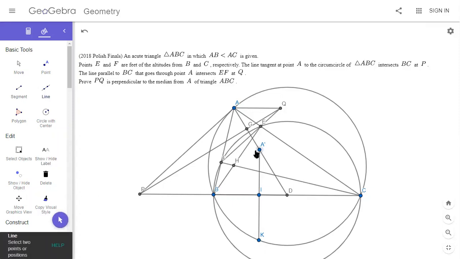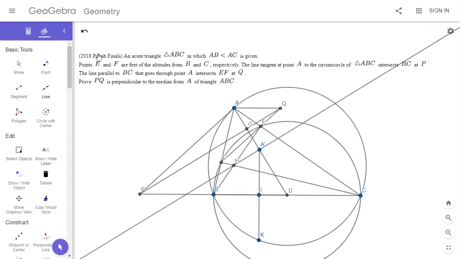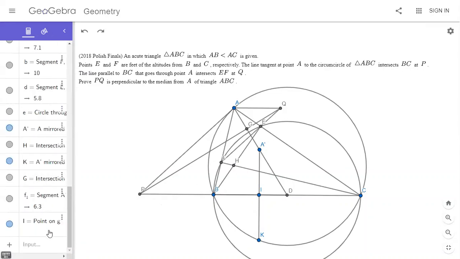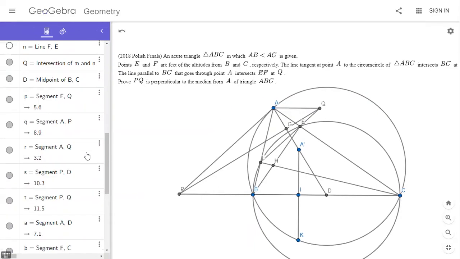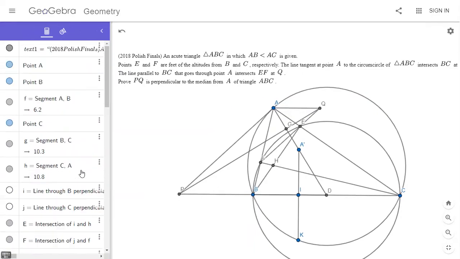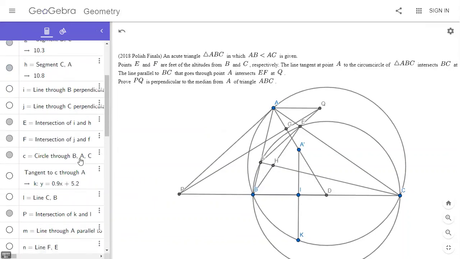Basically, that would mean GI is parallel to AK. So is PH and A prime? No, those aren't. Can you draw in the circumcenter of ABC? Yes. What have I named that circle? What's the circle through A, B, and C?